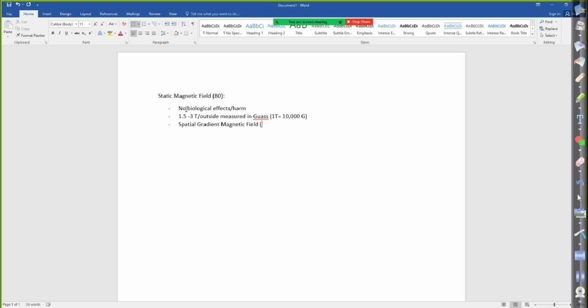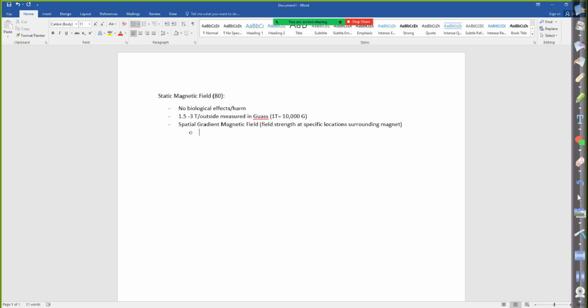This is really talking about the field strength at specific locations surrounding the magnet. Okay?